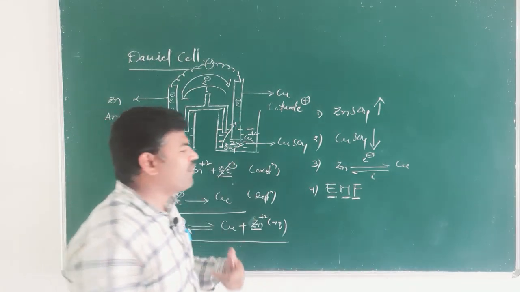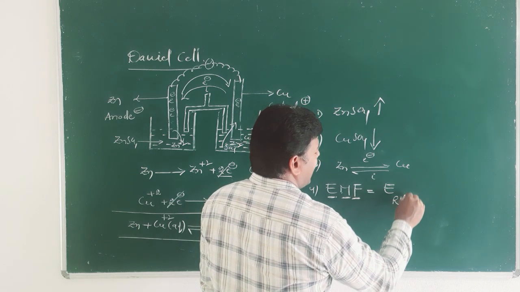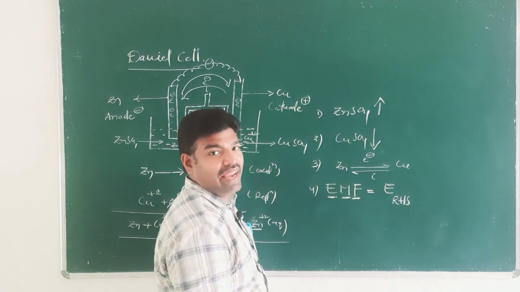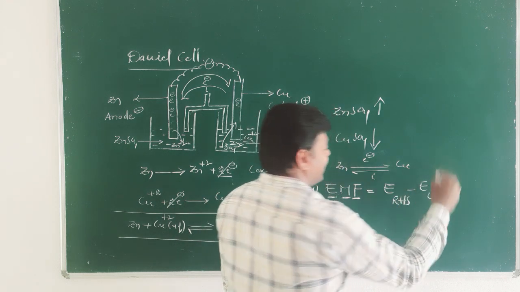Okay, so EMF of the cell is potential at the right hand electrode minus potential at the left hand side.